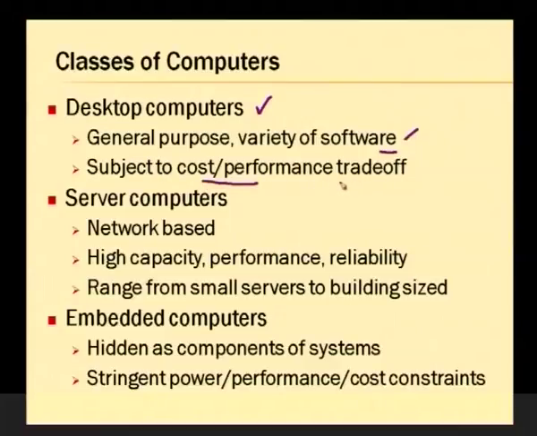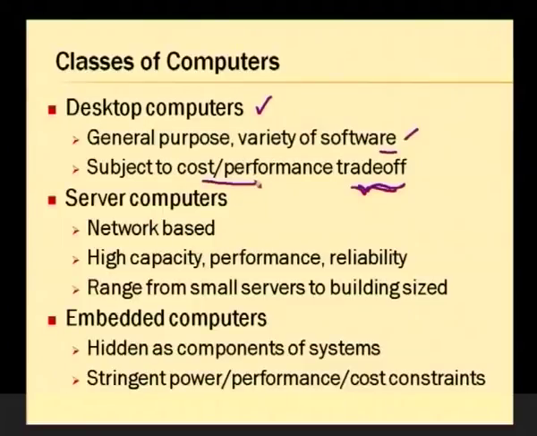Remember, this term trade-off is used very commonly in the entire engineering area, and the same is true with respect to computer architecture. We always look at what performance we can get out of a system at what cost. With respect to desktop computers, we have a wide range of machines available with different cost performance trade-offs. So this is one class of computers that we see.